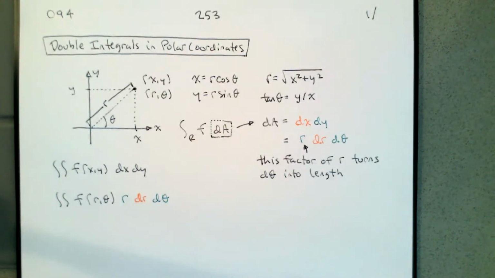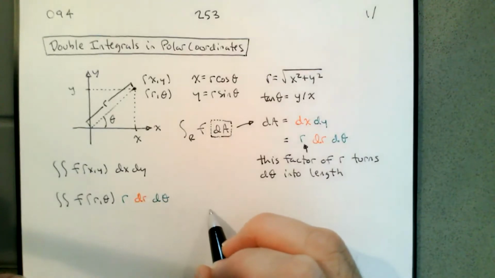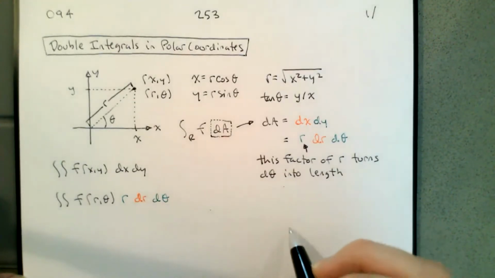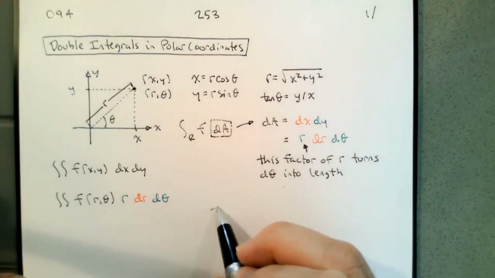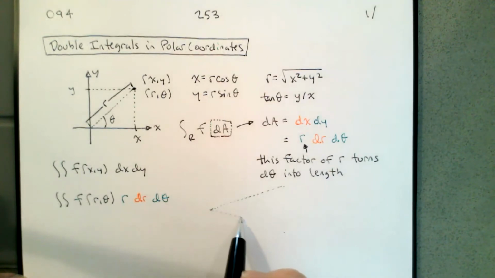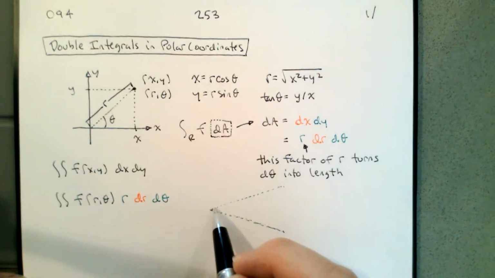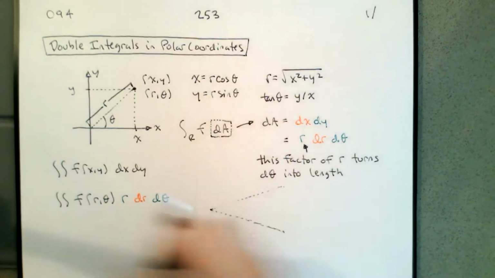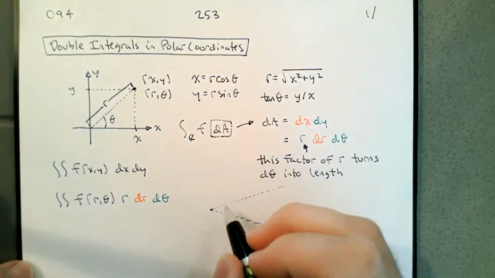So we had to use the arc length formula and multiply by r, how far that little piece of d theta is from the origin. That will make that piece of d theta longer. So once again, d theta as a length will change depending on how far we are from the origin. Here's a little angle, d theta.